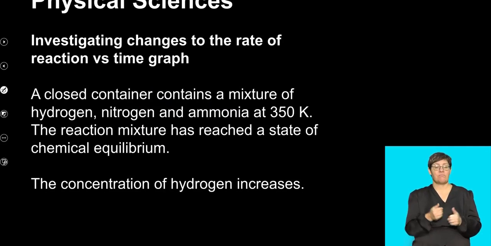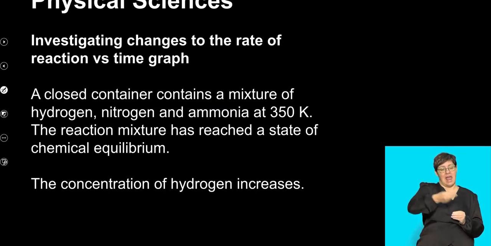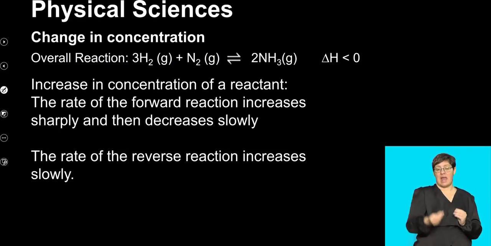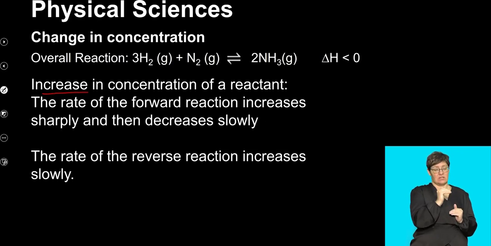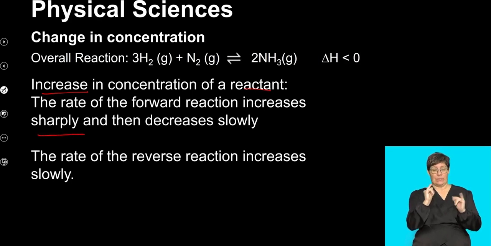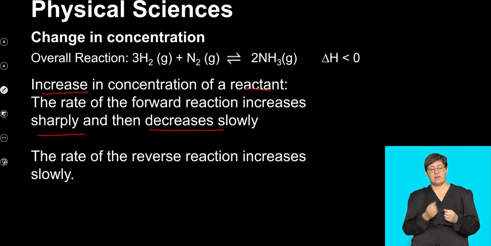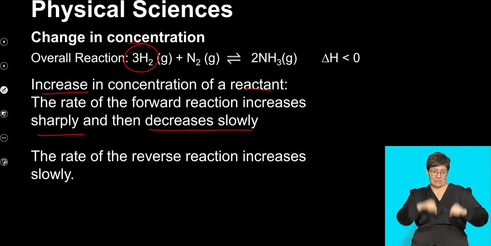The next one that we're going to look at is an increase in the hydrogen concentration. It is an increase of a reactant. The rate of the forward reaction increases sharply and then it will start to decrease, because there is now a lot more hydrogen in the system. What will happen to the rate of the reverse reaction?